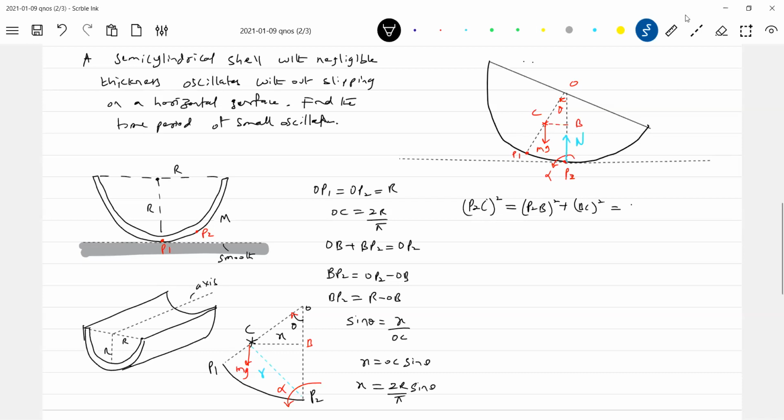P2C is R. P2B is R minus OB. And what is the distance BC? BC is x. Okay, what is OB again?